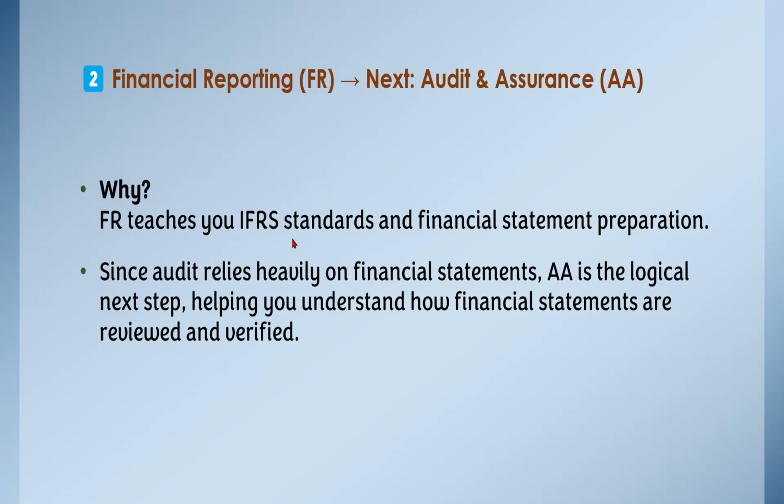Since audit relies heavily on financial statements, AA is the logical next step. It helps you understand how financial statements are reviewed and verified. So you must have basic knowledge of what the standard says, and in audit you need to review and verify the same, right? So this is for FR.